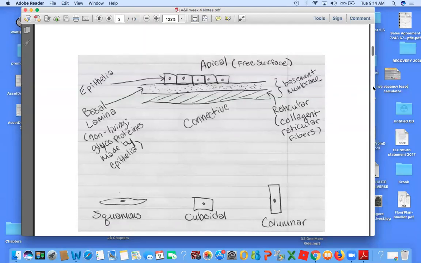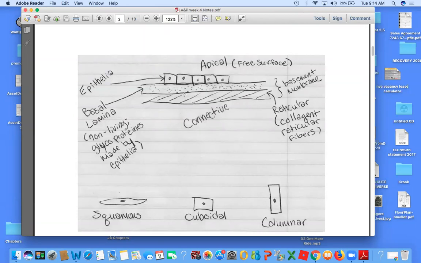The apical surface is the free surface that does not attach to any other cell or any other tissue. The type of tissue comes next, and then underneath the tissue is what we call the basement membrane. The basement membrane, much like a basement in a house, sits on the bottom, kind of is the foundation for the epithelial tissue above.